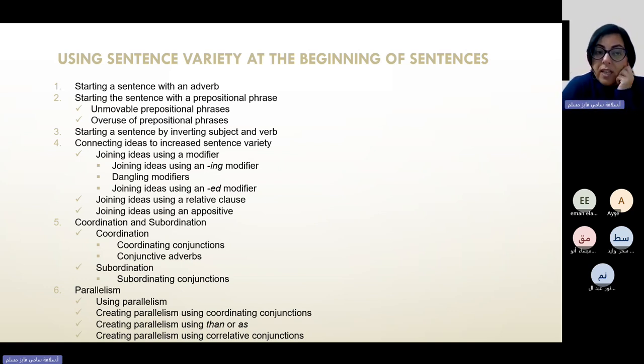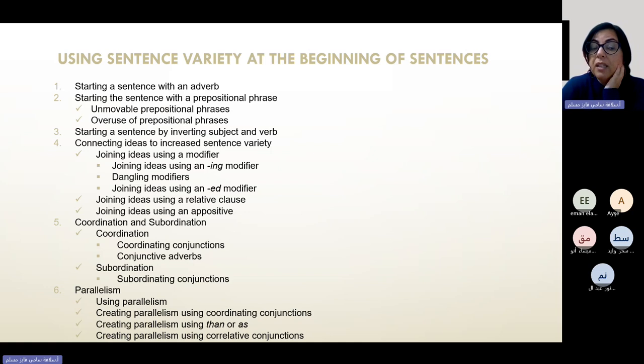We can start a sentence with an adverb. We can start a sentence with a prepositional phrase. There are movable and unmovable prepositions: a preposition that can be placed anywhere in the sentence, and a preposition that cannot be moved. They have a specific place in a sentence.